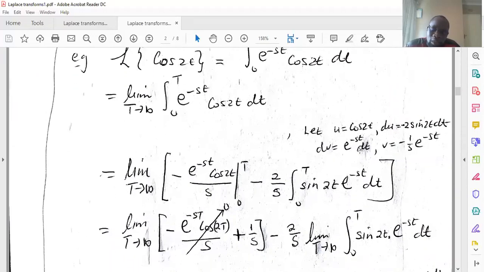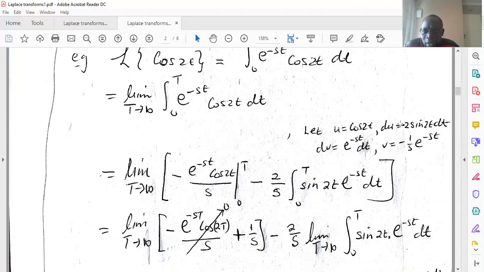So this will be uv, so that's minus 1 over s e to the power minus st times cos 2t, evaluated from 0 to t, and then minus 2 over s.